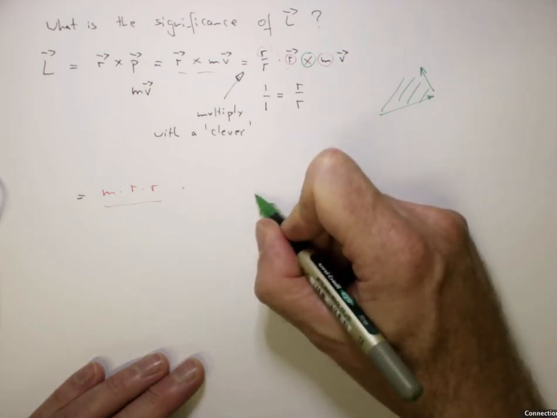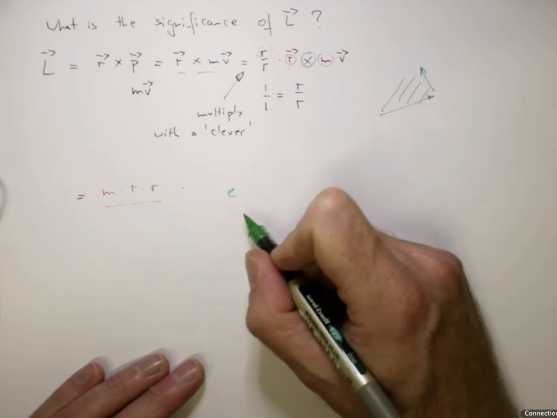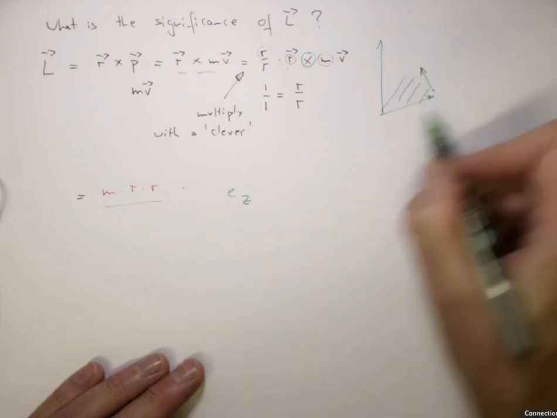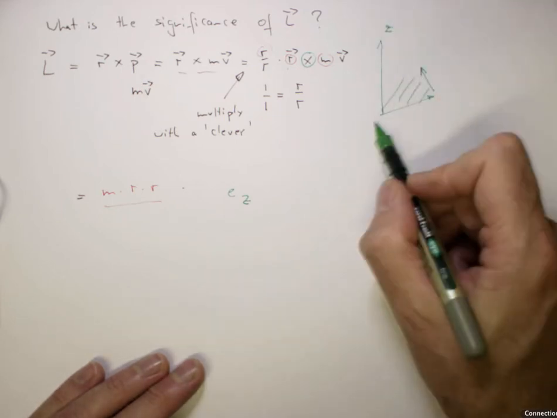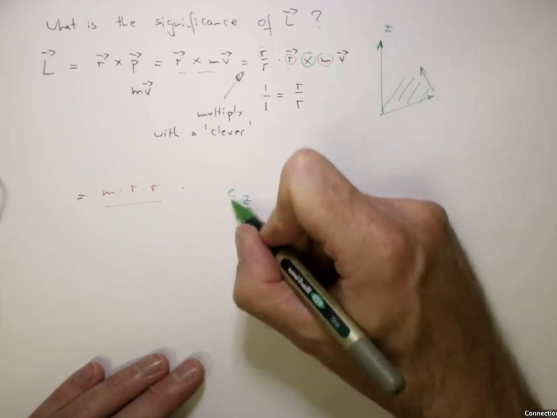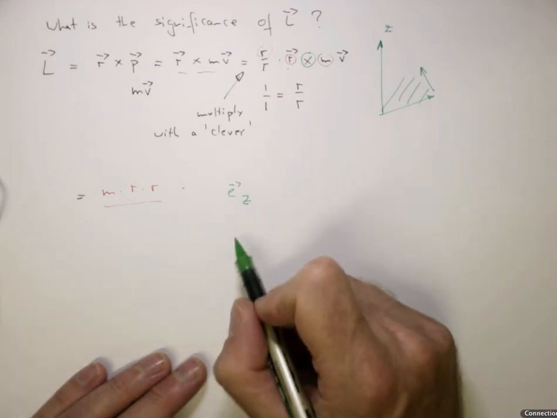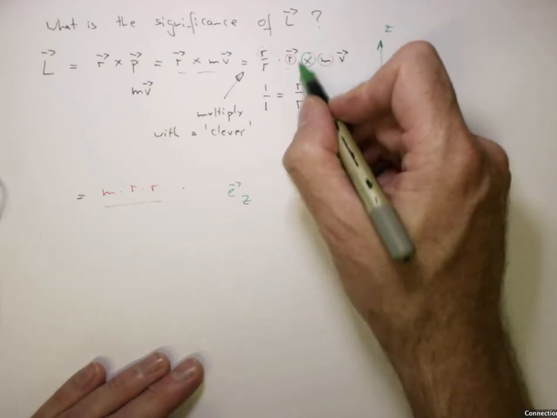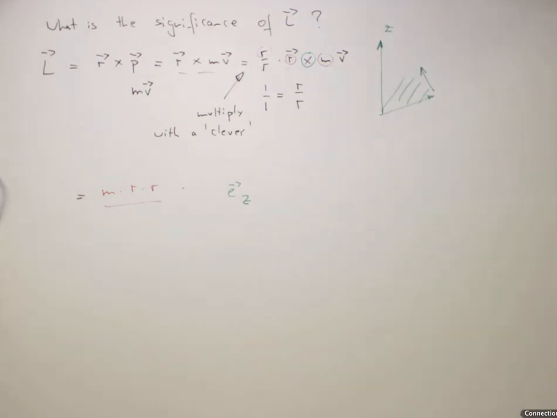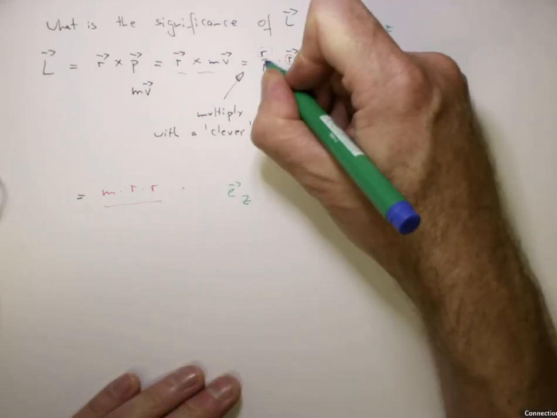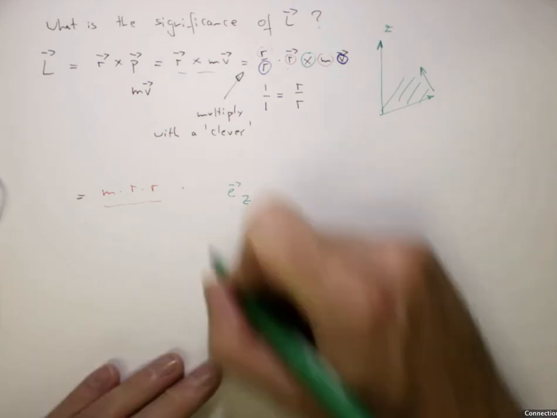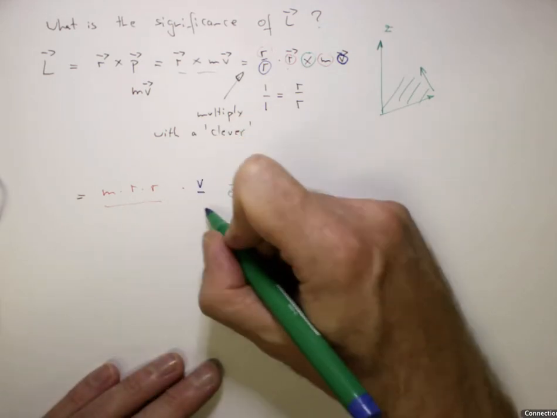So this vector has to point in the direction of the e_z direction. So if our coordinate system is x, y, z, or polar with r, theta, z, then this is the z unit vector. It has the magnitude of 1 and it points upward. That's because r cross v gives us that direction. So far we haven't included this r here and the magnitude of the velocity, the speed. Let's do that now. So we get v on r.